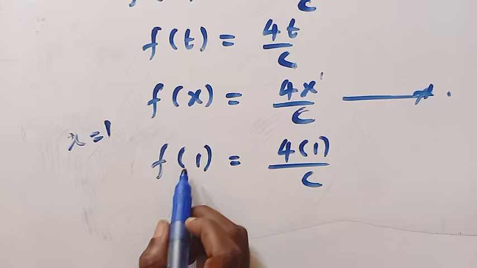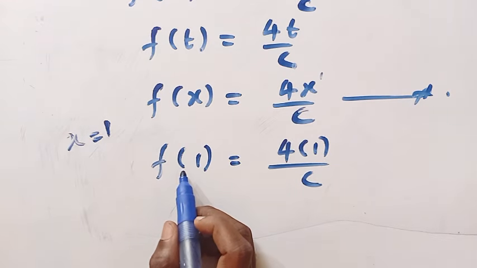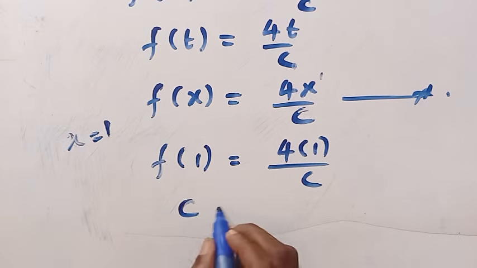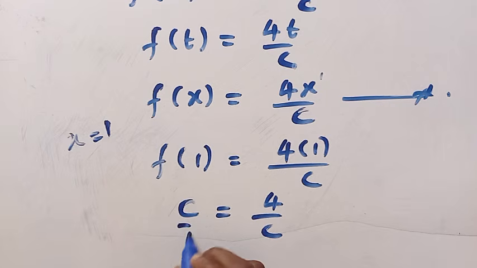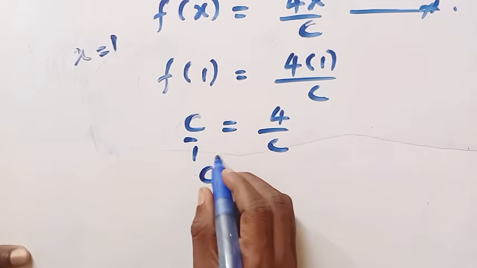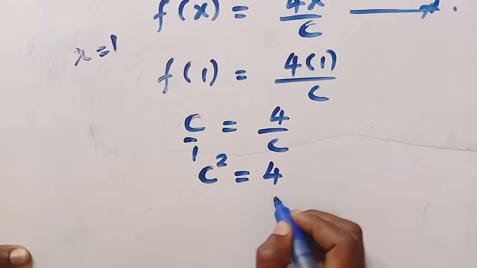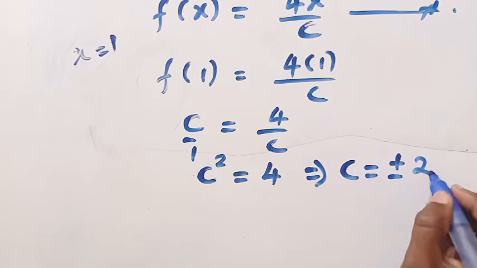But initially, we know that f(1) is a particular constant, which I named c. By replacing this f(1) with c, we have c equals 4 divided by c. And what does this mean? By cross multiplying, we are going to have c squared equals 4. And this implies that c equals plus or minus 2.